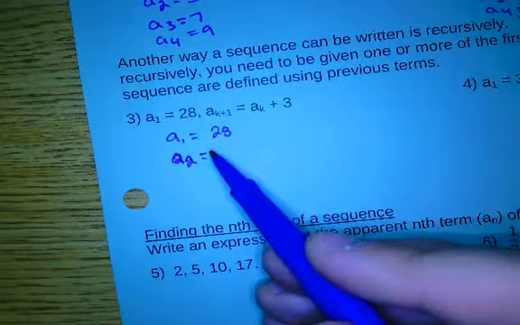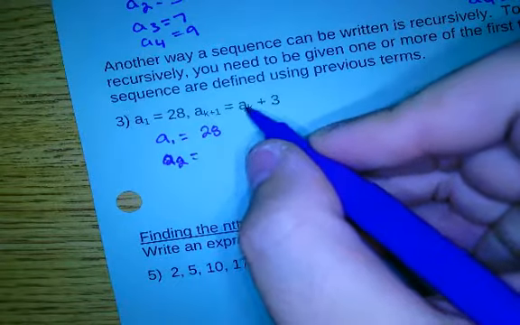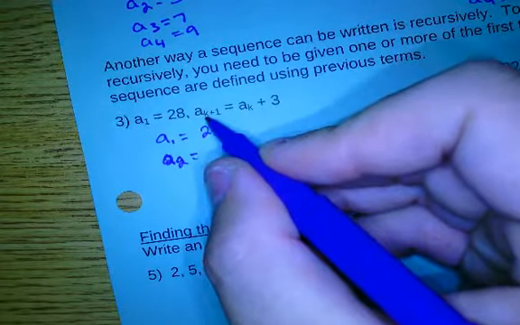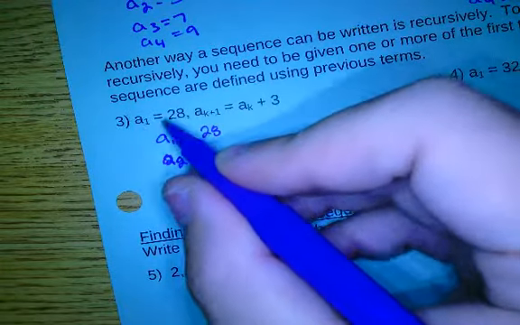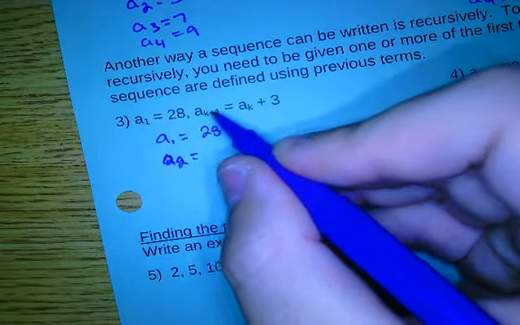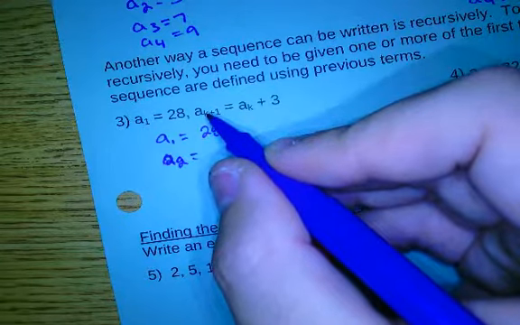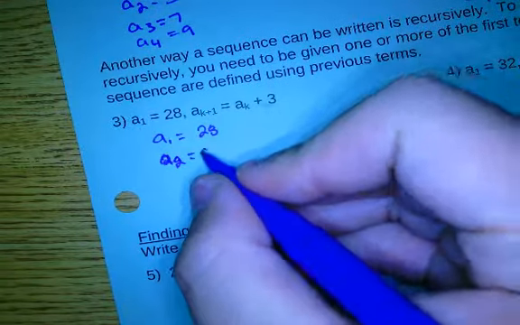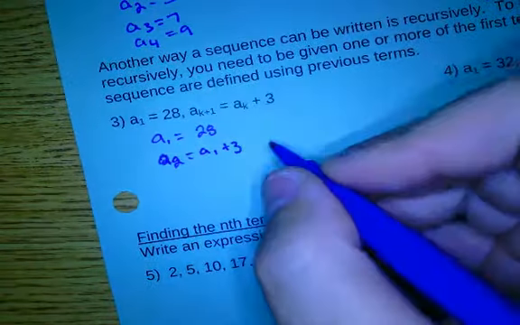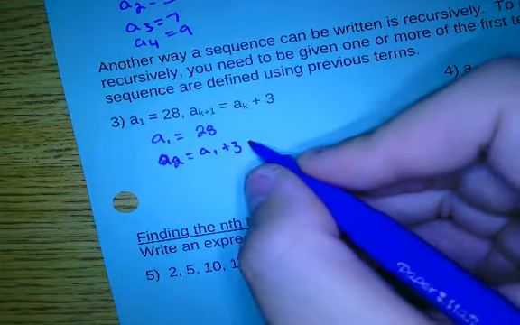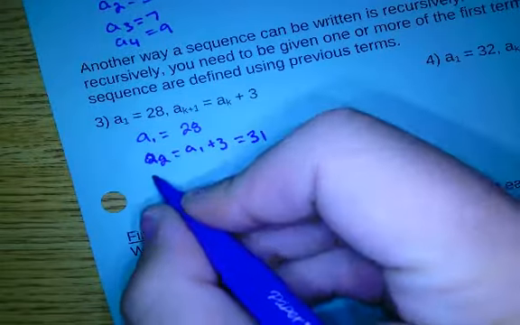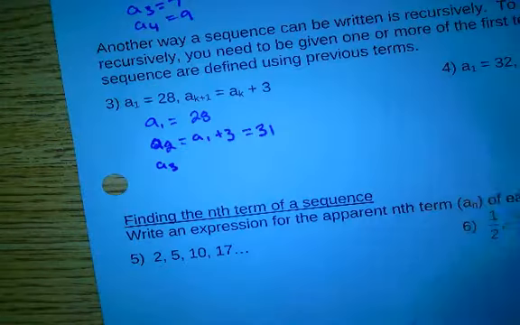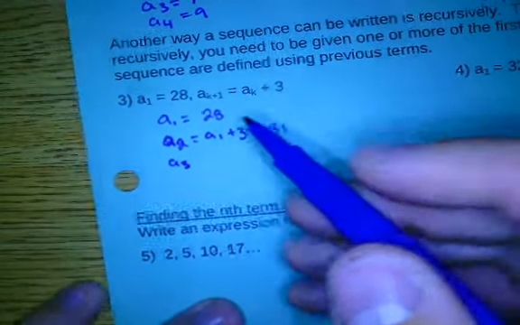A2 is going to be when k is equal to what? 1, correct? Do you agree? In order for this to be A2, I need to make k into a 1. So this equals A1 plus 3. Well, what is A1? Plus 3 is 31.